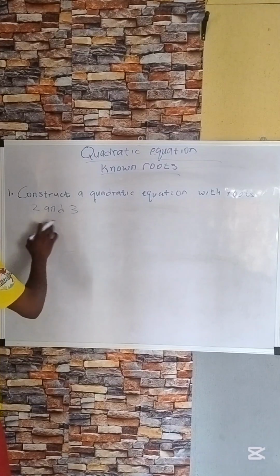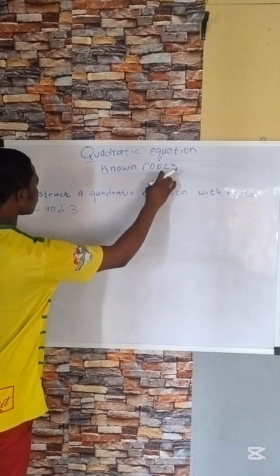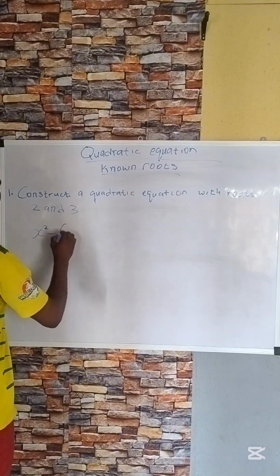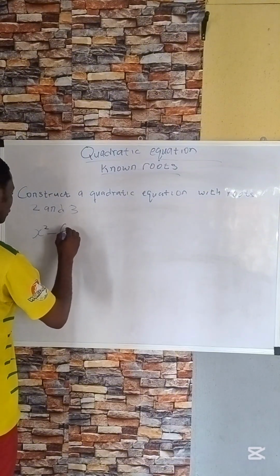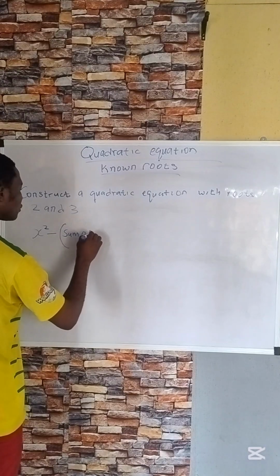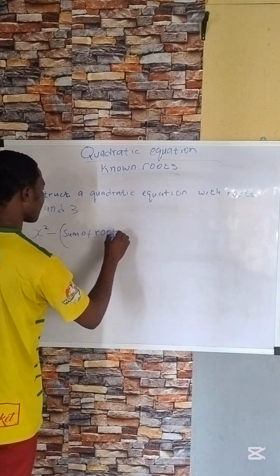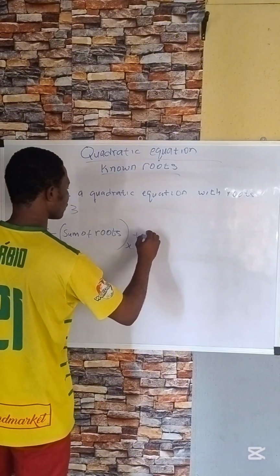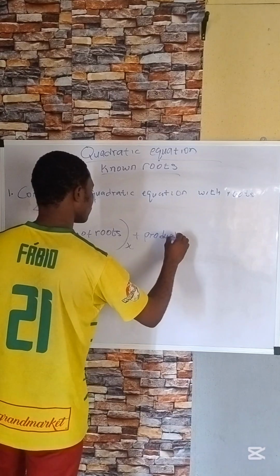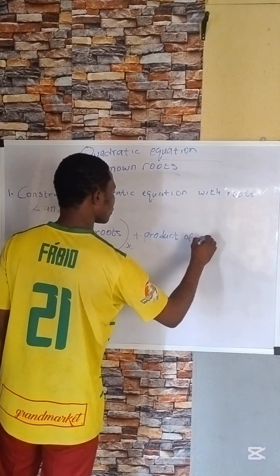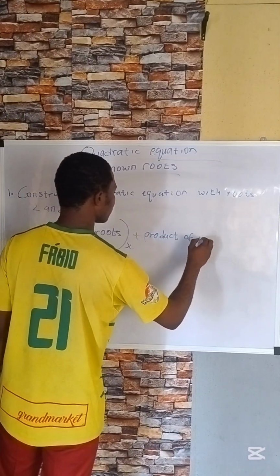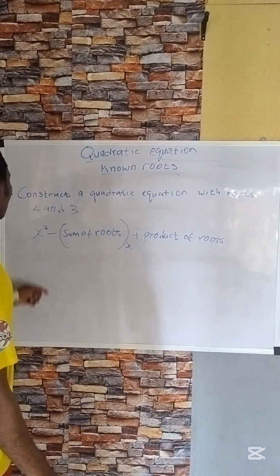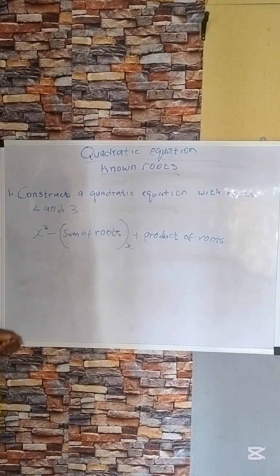You apply the formula for a quadratic equation with known roots, which is x squared minus (sum of roots) x plus product of roots. Let's apply these known roots to this formula.